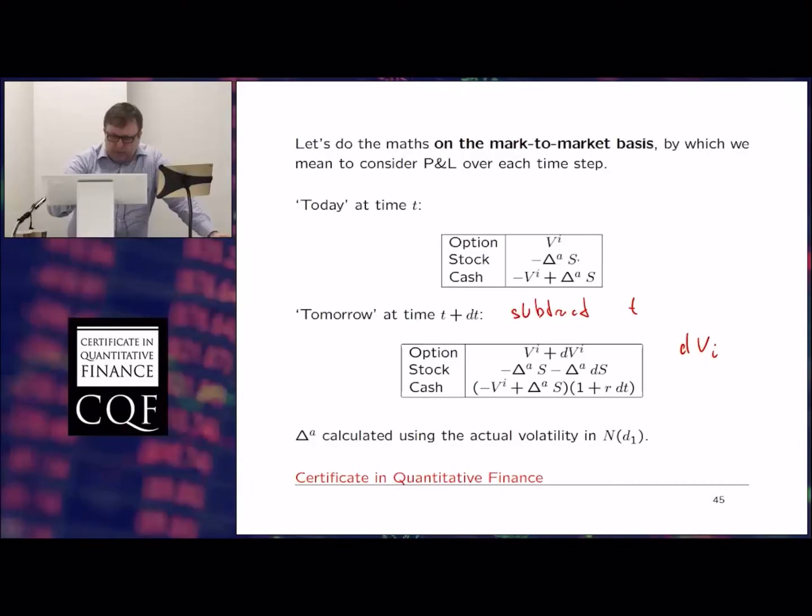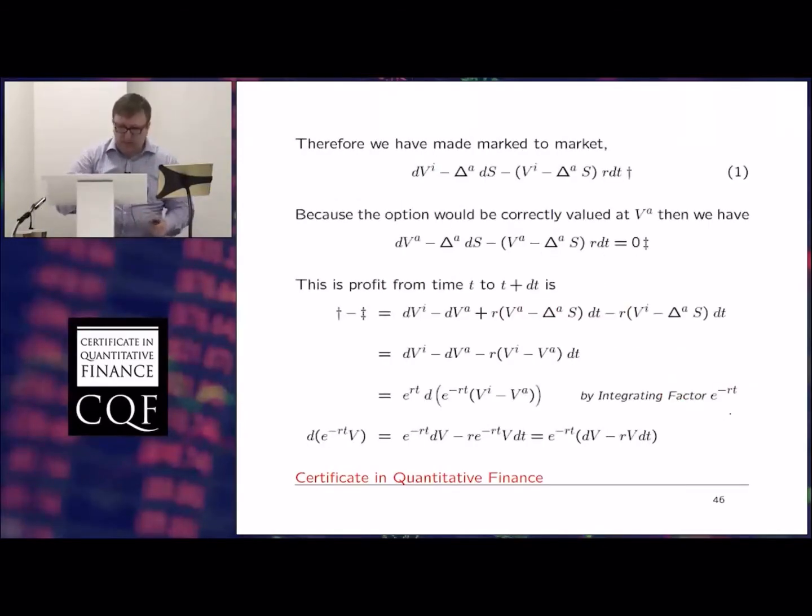Here I have minus minus, which gives a plus, so I will simply have minus delta A dS. And then I will have this expression minus Vi plus delta A S times r dt, because it's just 1 plus r dt. That's the differencing. Now let me add up all of this differencing. So I take this plus this plus this.